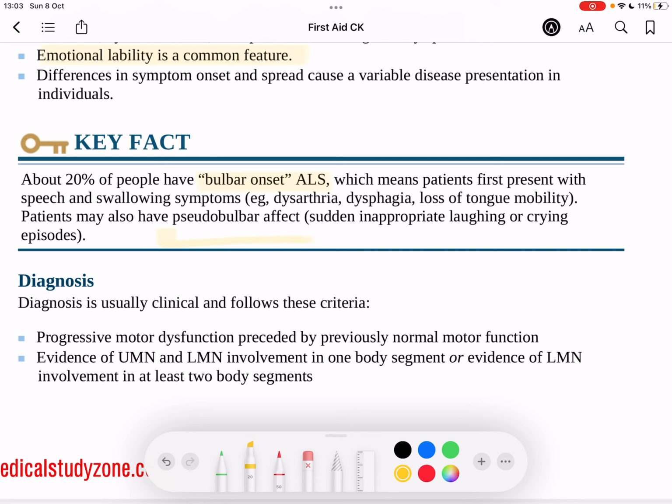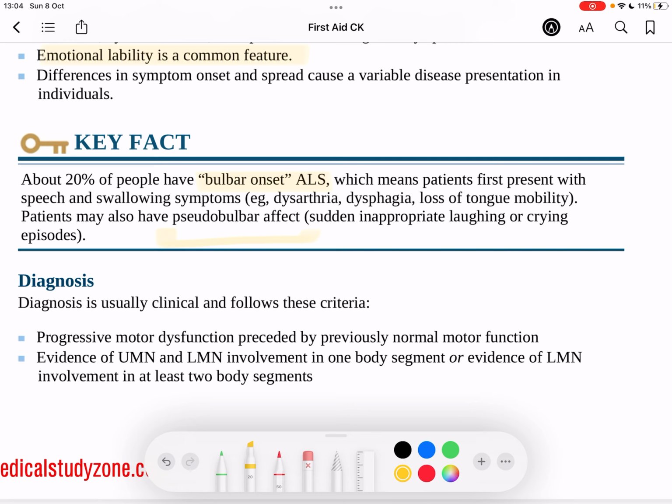The pseudobulbar affect is, just before I go into that, let's discuss what's bulbar and what's pseudobulbar. So bulbar is essentially the lower motor neuron signs of the cranial nerves. Okay, so it is an actual weakness, a flaccid paralysis of the muscles in the oropharyngeal area, the cranial nerves.